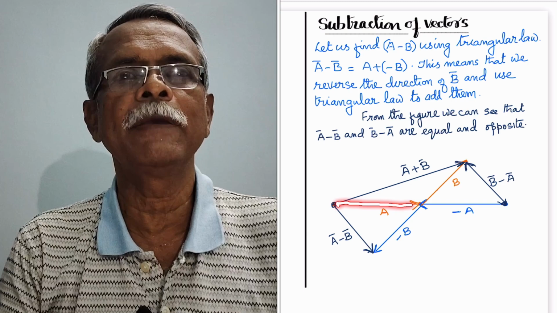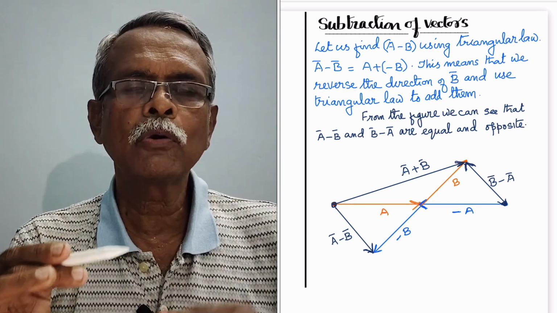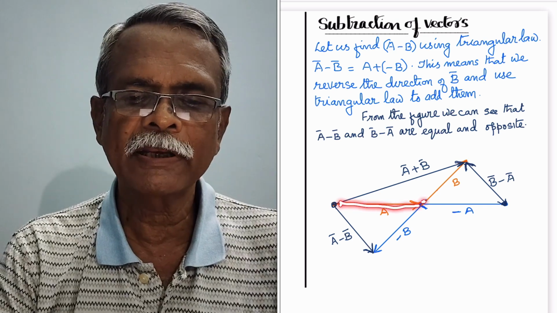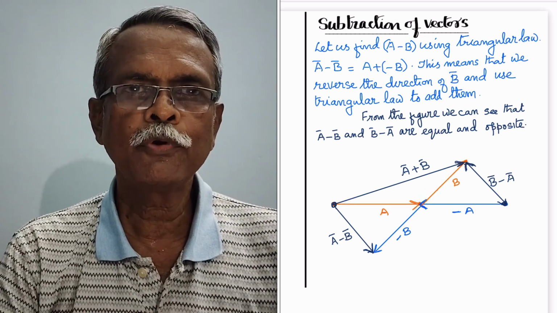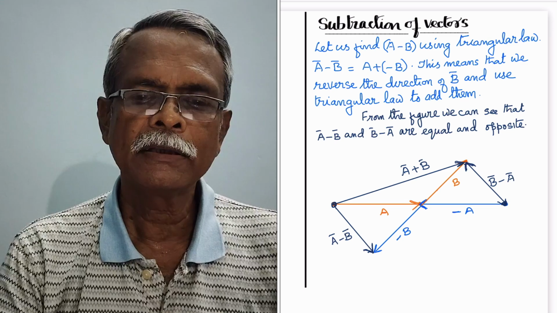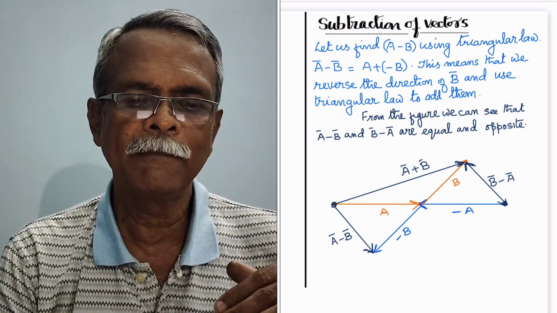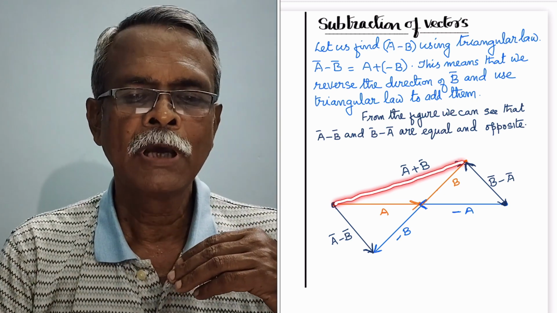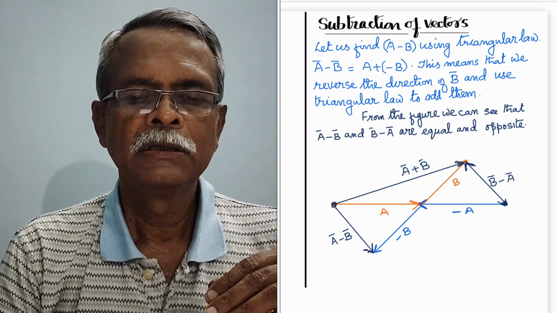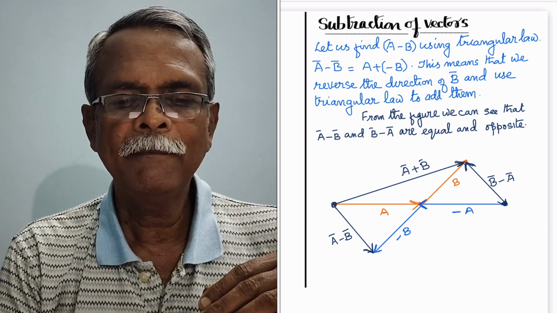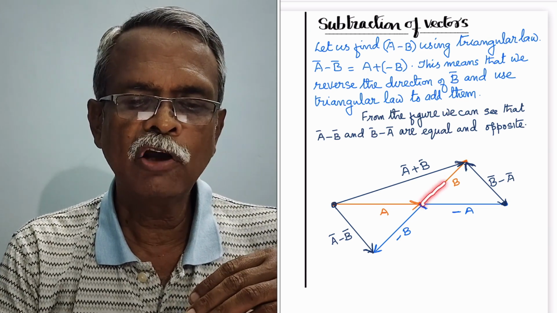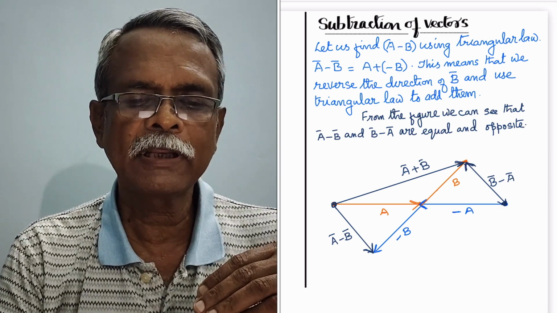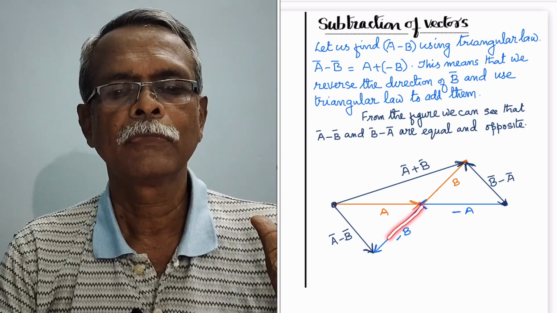That will be A plus B. If you want to calculate A minus B, this is our B vector and we have to add minus B to A. Therefore, we reverse the vector B. Vector B is reversed to obtain a vector in this direction, and then the head of A and tail of minus B are joined together, and then this vector will give A minus B.